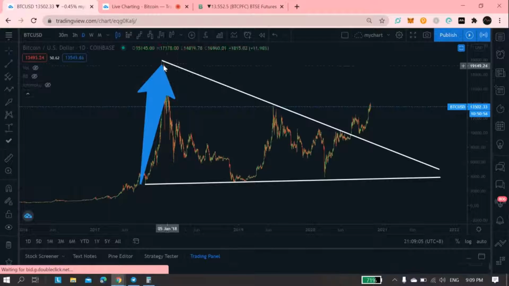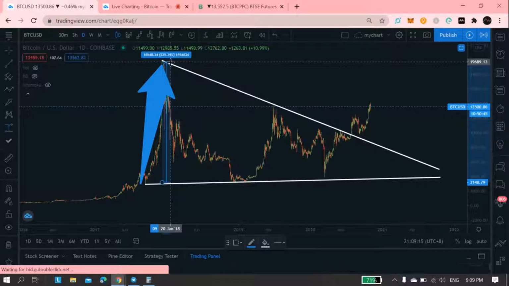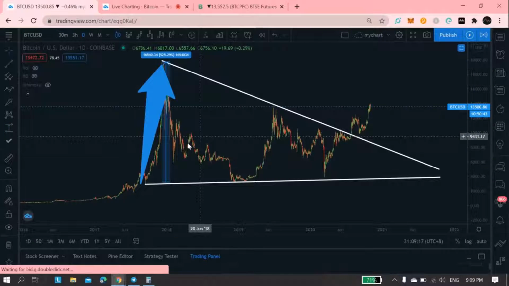So normally for a triangle like this, we will measure the height of the triangle, and we will put that upon breakout.